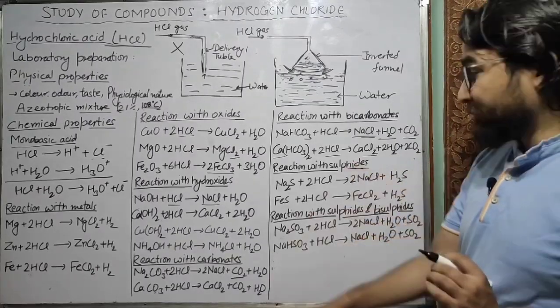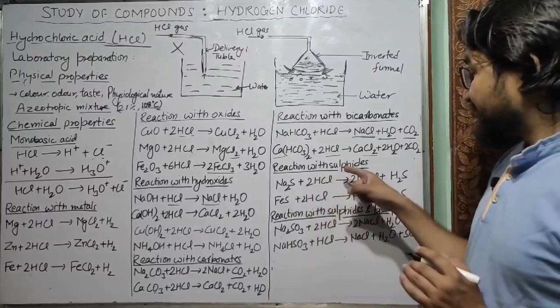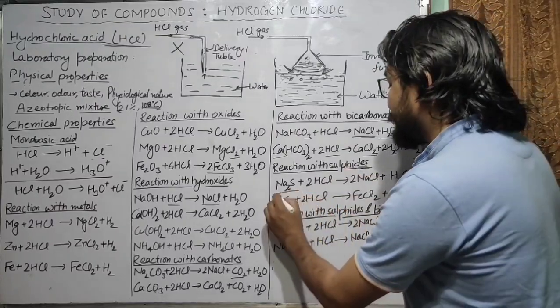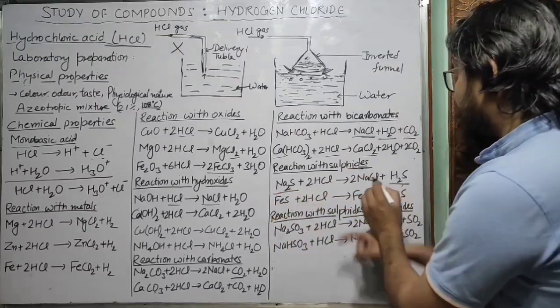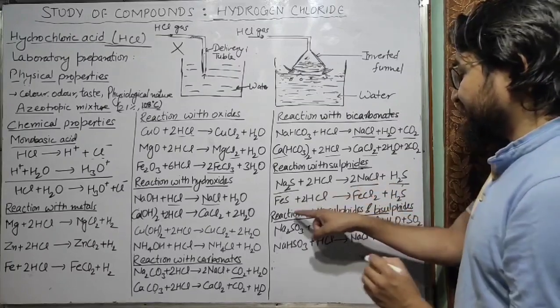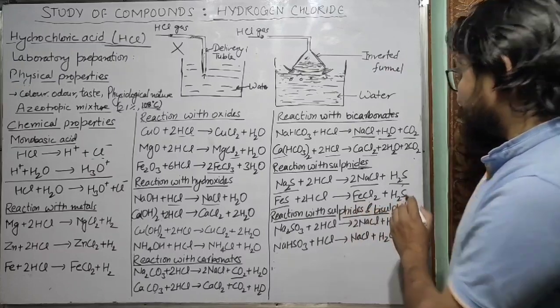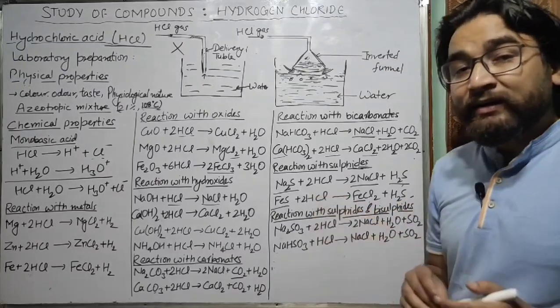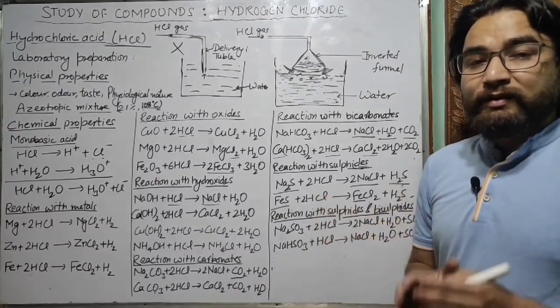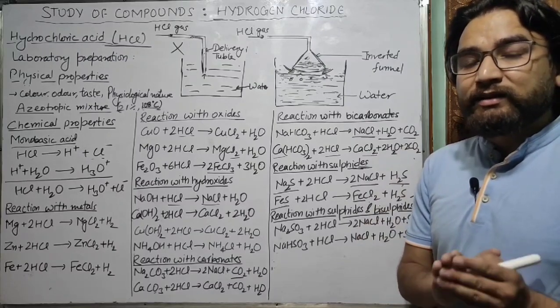Now if we talk about the reaction with sulfides, you can see the example. Sodium sulfide will form H2S and NaCl with HCl. Similarly, ferrous sulfide will form ferrous chloride and H2S. So you can see with sulfides H2S gas is evolved, that is hydrogen sulfide gas.